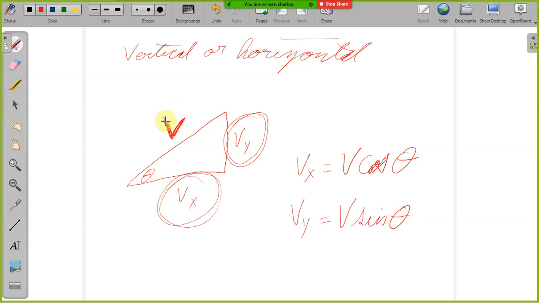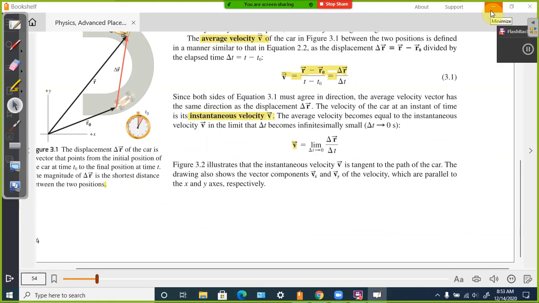V is going to be your overall, in other words, your hypotenuse. Vy would be your y component, or vertical component, of your velocity, and Vx is your x component, or horizontal component. So that's one of the things that they don't really do a good job of explaining here, so I just wanted to touch upon it.